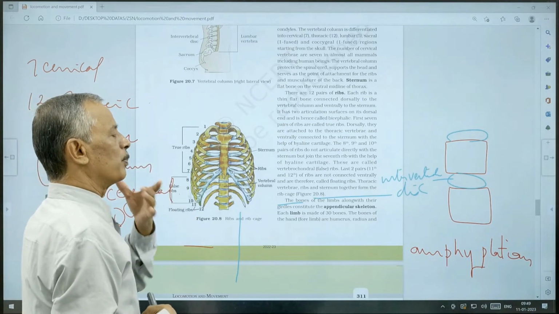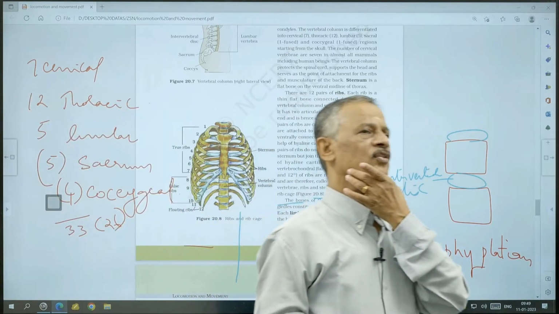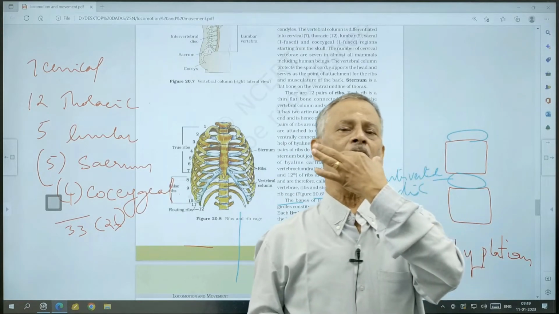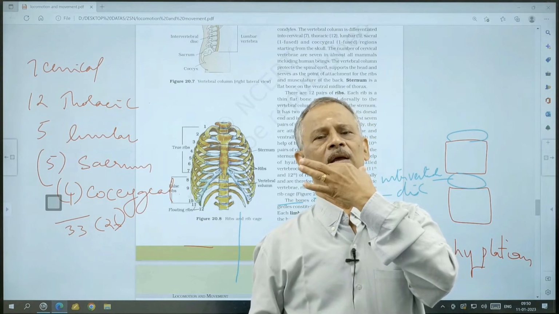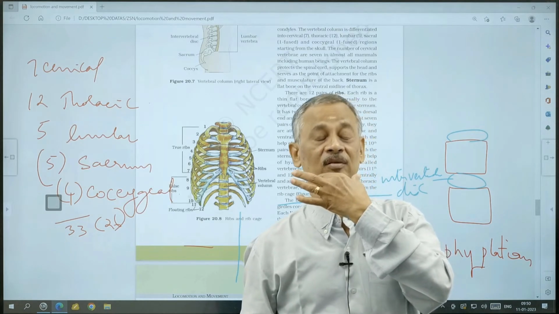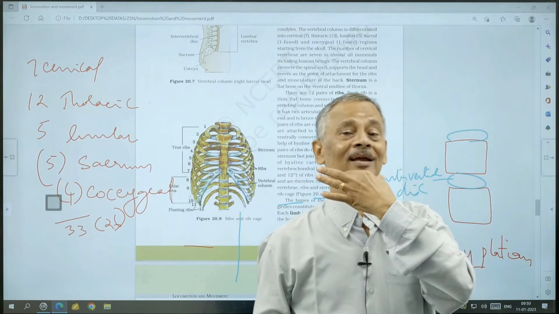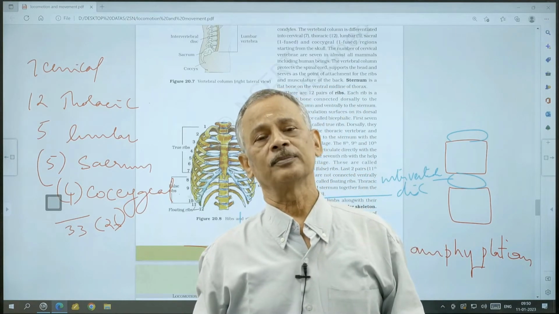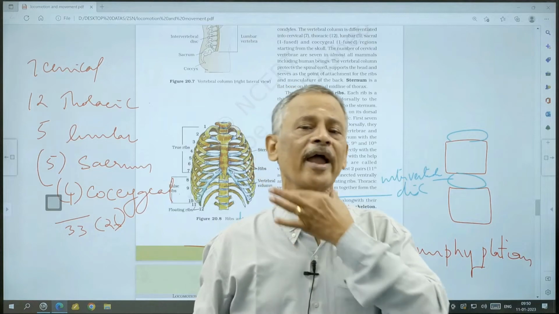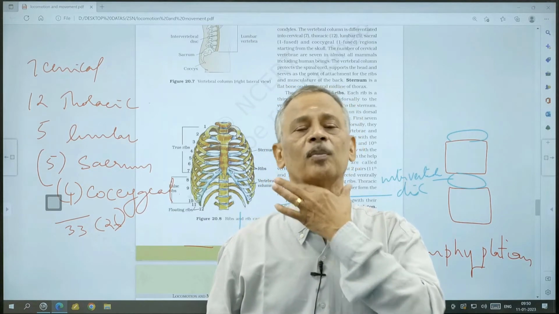Now, present in the floor of the buccal cavity, there is a small C-shaped cartilaginous structure called hyoid. Hyoid will support the floor of the buccal cavity.